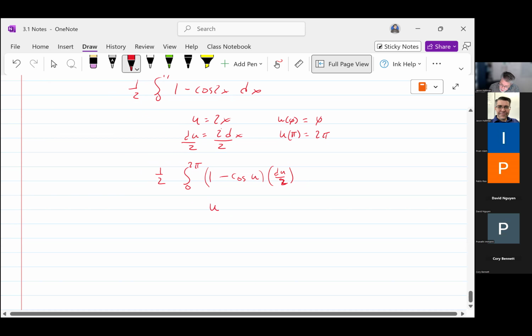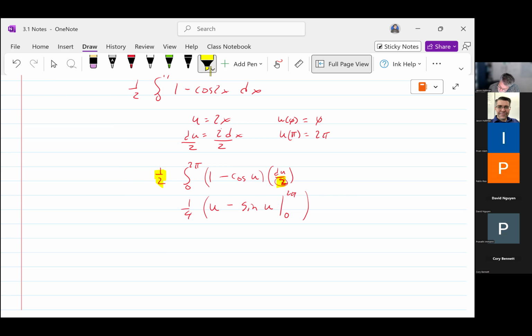The integral of cosine is sine, so this is minus sine of u from 0 to 2 pi. I'm going to multiply the 1/2 times this 1/2, so that becomes 1/4 on the outside. I'm going to pull that all the way out. That 2 on the bottom, I don't want to forget about this guy, and combine this guy with this guy, so that's 1/4.